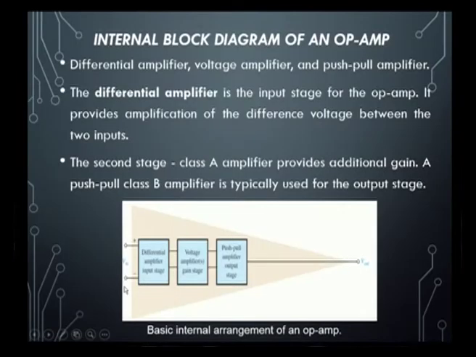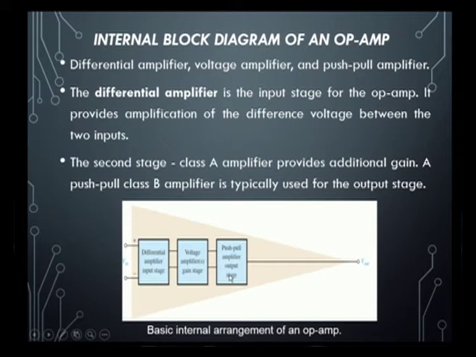The basic internal arrangement of an op amp will be like this. Actually, the op amp consists of three things. One is the differential amplifier input stage, this is called the input stage. The next stage will be the voltage amplifier gain stage. Here the voltage amplifier gain stage may be 1 or 2 or multiple, depending upon the usage, and the last stage will be the push pull amplifier output stage.